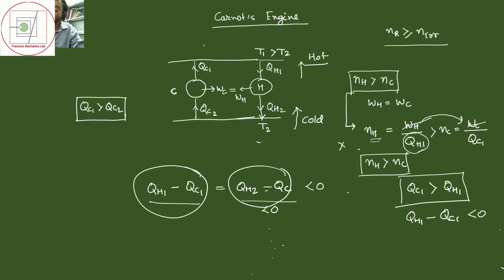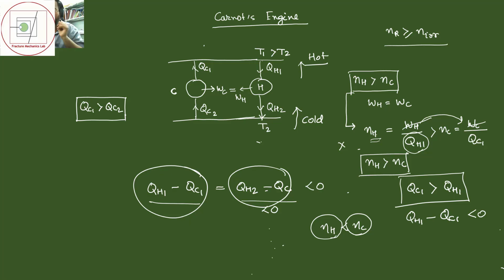So what can happen is that eta H must be less than eta C or equal to. So you take no heat from hot and you give no heat to cold. And then whatever you do, it doesn't matter. So the theorem of Carnot's that any reversible engine will always have higher efficiency than any irreversible engine is proven.